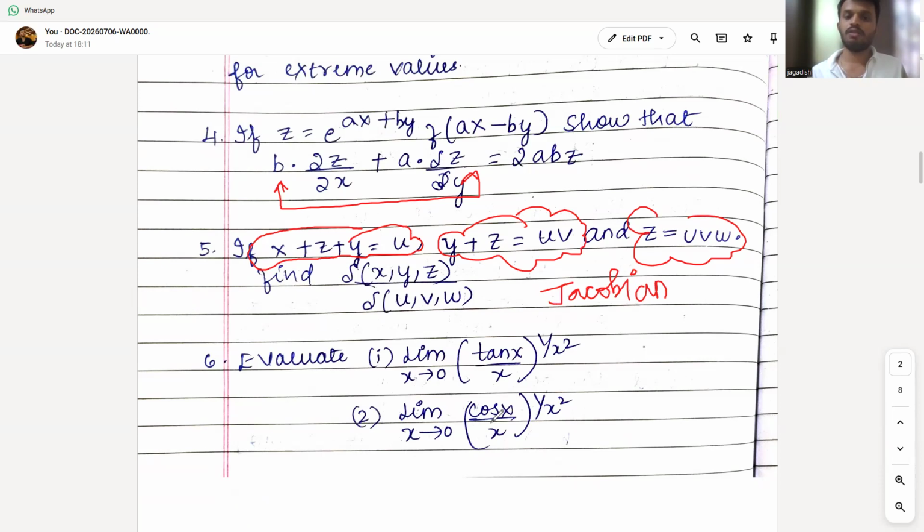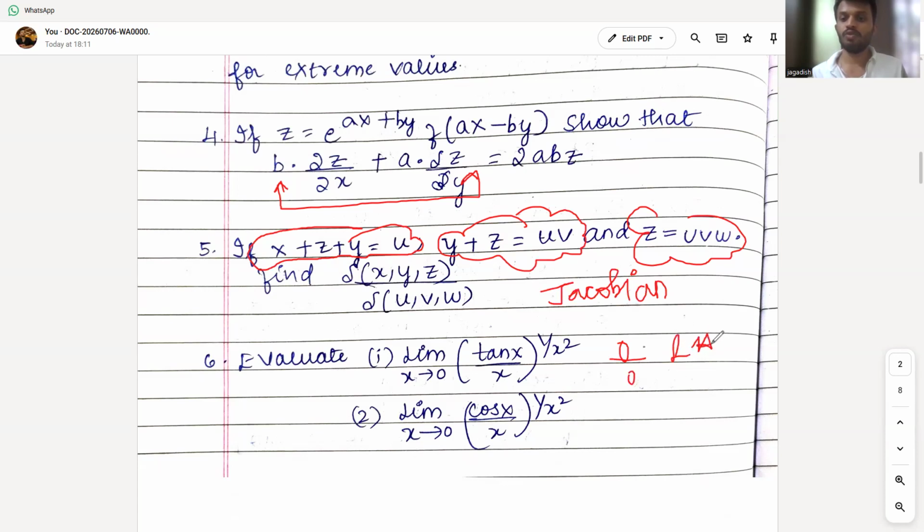So this is something related to the limit as x tends to 0 of tan x by x, whole to the power of 1 by x square. See students, if you get 0 by 0 form, you have to apply the L'Hospital rule.